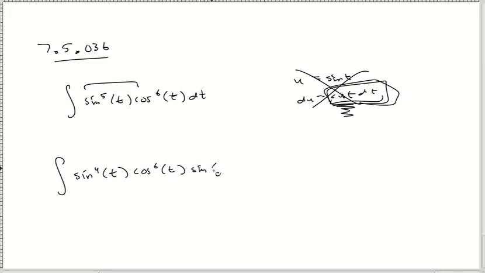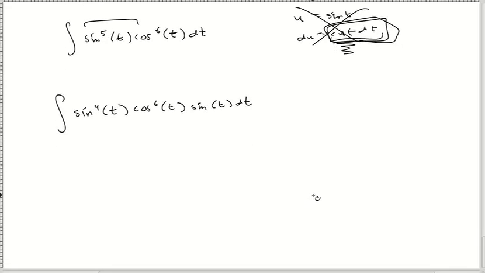So notice that I didn't actually do anything wrong here. I have a 5, so I'll make a 4 and a 1. Okay, so this will be my du here in a minute, I'm sure. Let me just let him hang out for a minute. In order to make that work, if this is going to be my du business, then what's the integral of that?